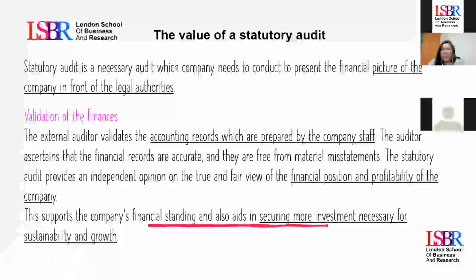Authorities like, as we talked in previous lessons, the Securities Exchange Commission, or the Financial Conduct Authority, or for example, a tax authority. I don't know what name is according to each country, but yes, a statutory audit gives a whole picture of the company to the legal authorities.